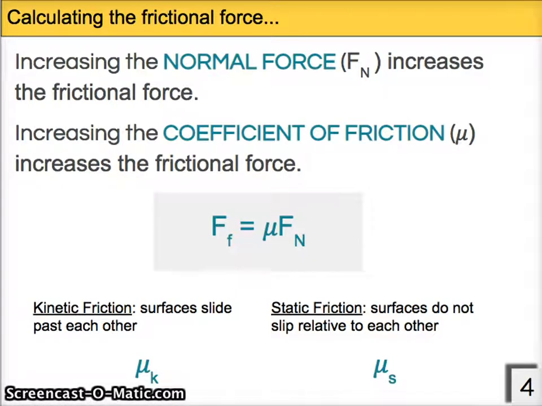But that's a static friction idea because they're not actually slipping relative to each other. Turns out the calculations are a little trickier with that. It is something that we deal with in the AP Physics class. Our class mainly talks about kinetic friction and only calculates really kinetic friction values.